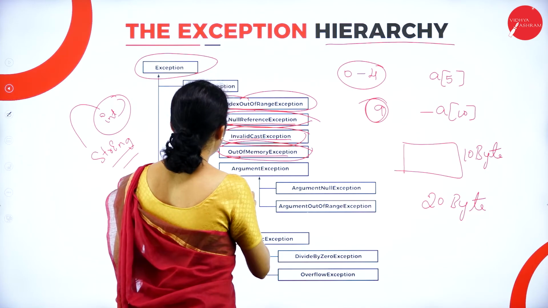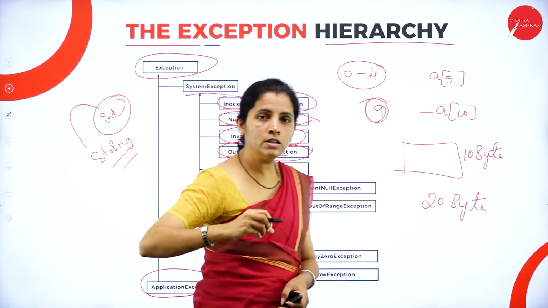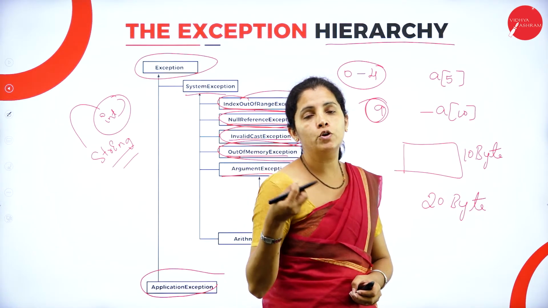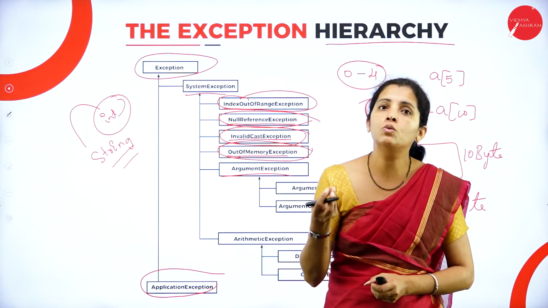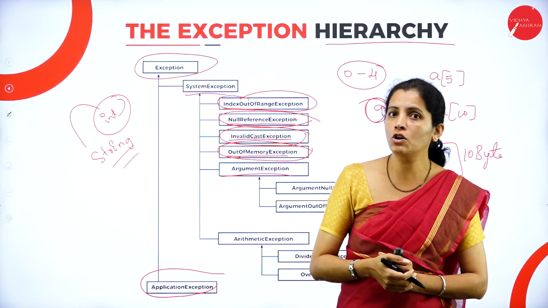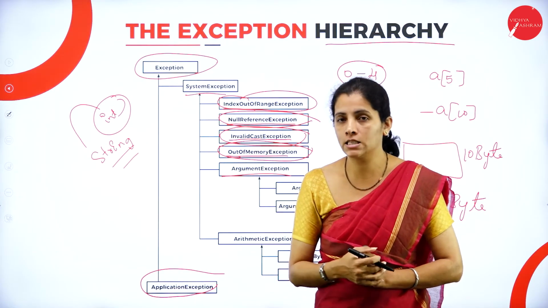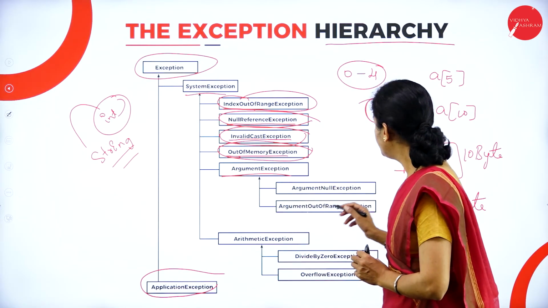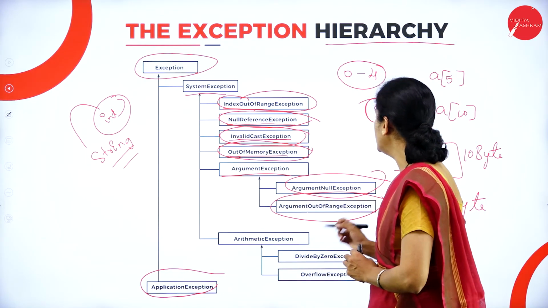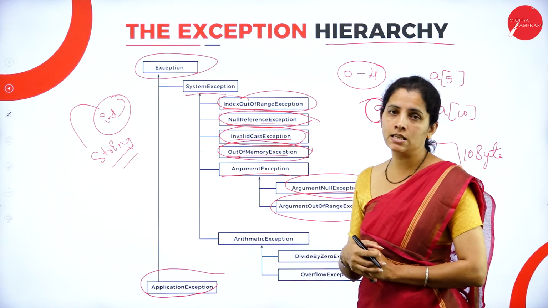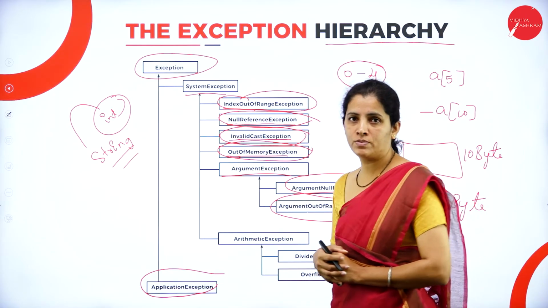After that, I'm going to have argument exception. So whatever parameters I pass in my method, if that does not match the method call, then what's going to happen? That is nothing but the argument exception. Now, this argument exception has two types: argument null exception and argument out of range exception.